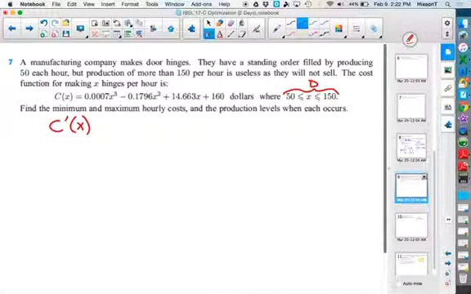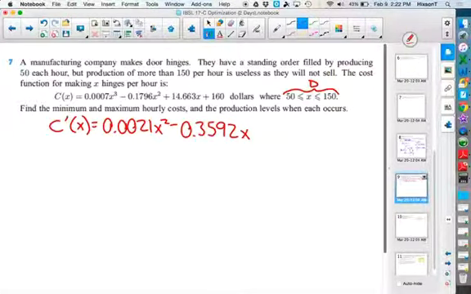All right, so we have 0.0021x squared minus 0.3592x, we double that, plus 14.663. That's our derivative of our cost function.